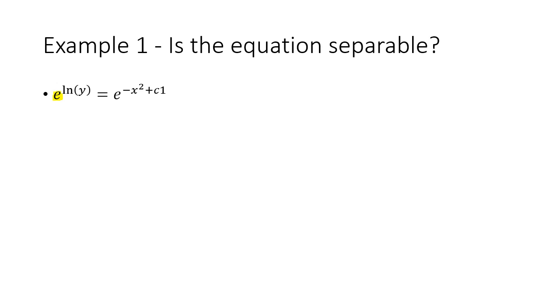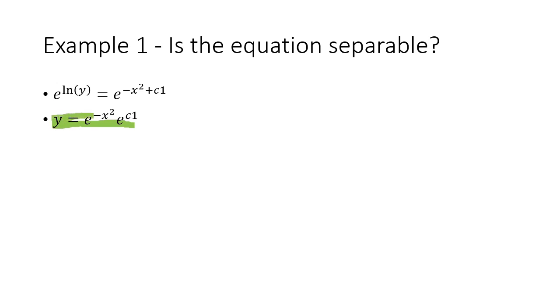The result will be just the expression inside the natural logarithm, in this case y. So by doing that we get this expression, which says that y is equal to e to the minus x squared multiplied by e to the c1.